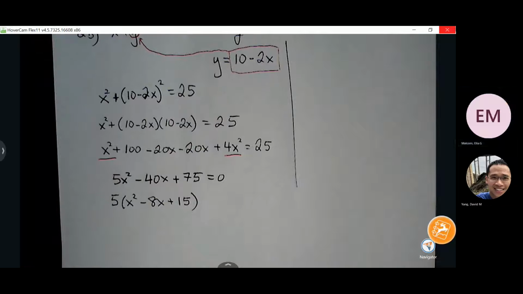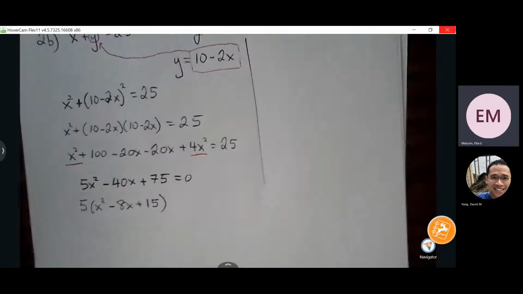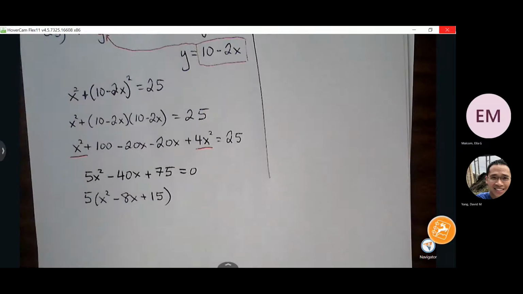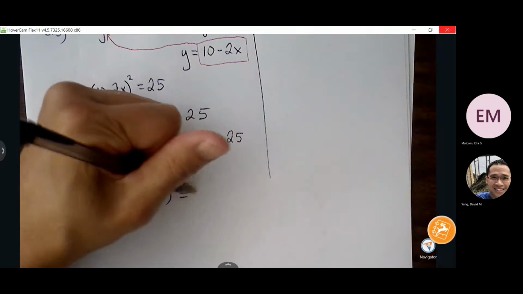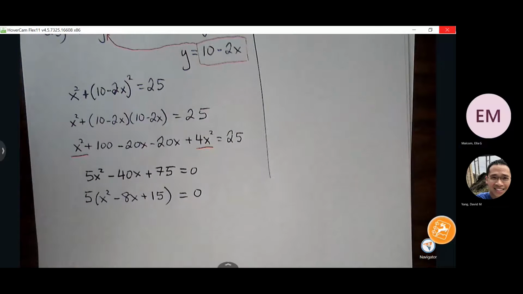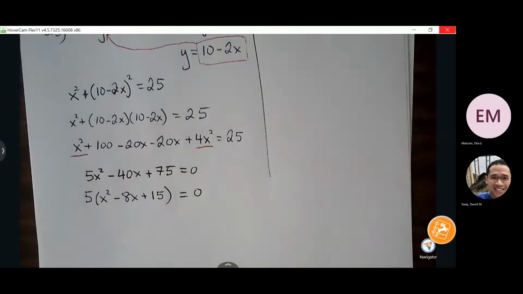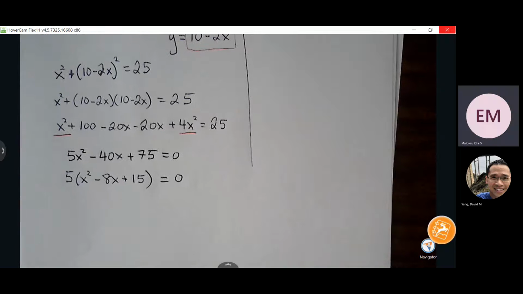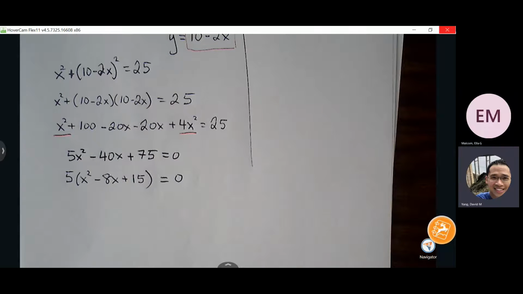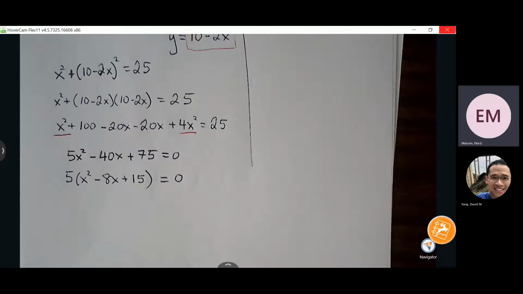That's 100 minus 25, 75, minus 40x plus 5x squared. Okay. 5x squared minus 8x plus 15 equals 0.